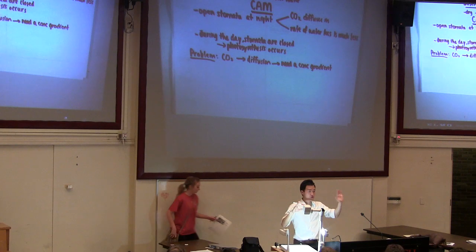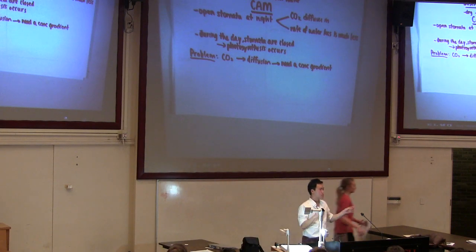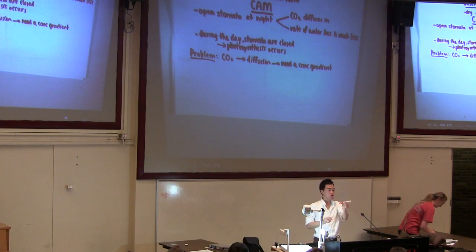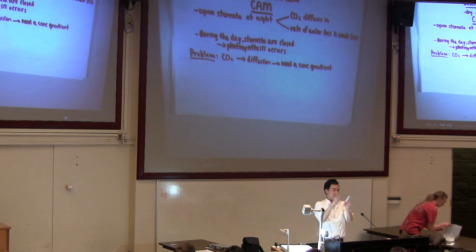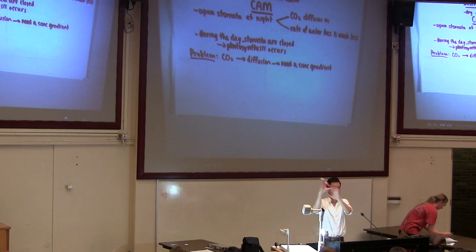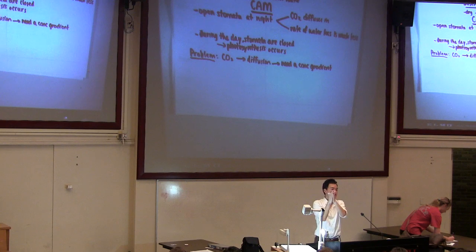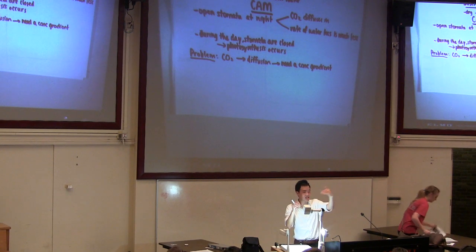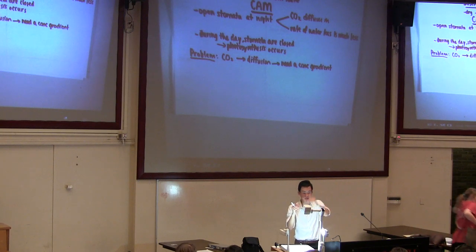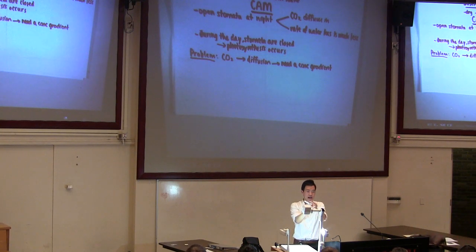Okay, so during the day, a regular C3 plant can take in CO2, right? Does that CO2 just sit there? No, it's used up by the Calvin cycle, right? So CO2 levels are kept low, right? So that allows you to continue to diffuse CO2 into your cell because you have low levels inside because you're using it up.